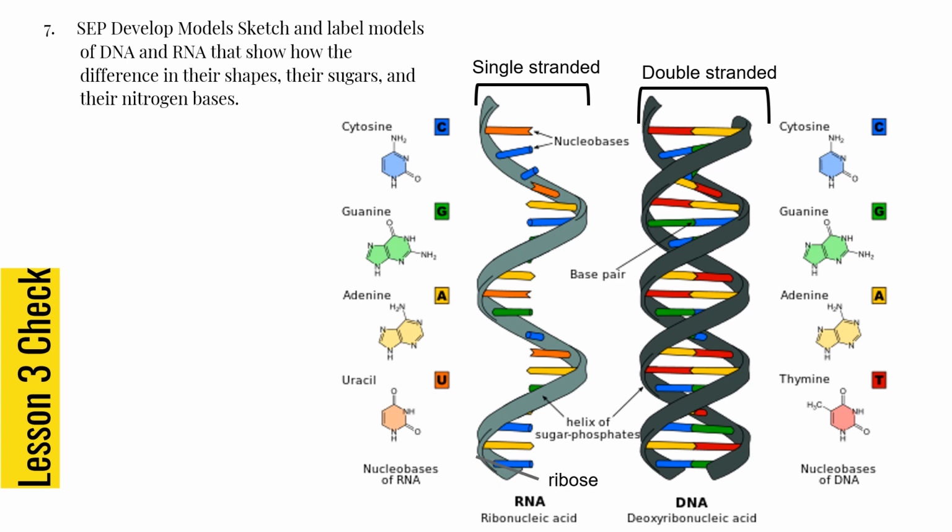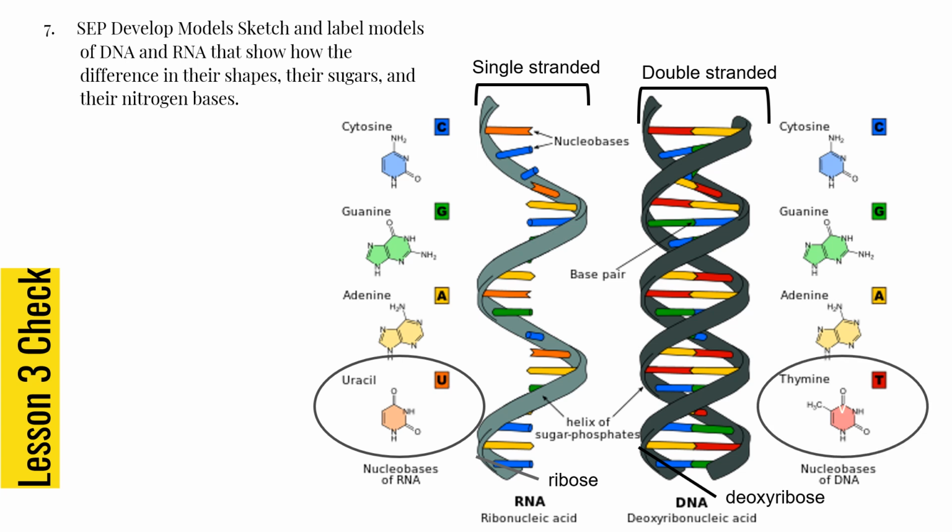Then we need to mark that it is made of ribose, while DNA is made of deoxyribose. Also, we need to differentiate that RNA uses uracil, while DNA uses thymine. And once we have that, that covers all of our bases, and that completes this lesson.